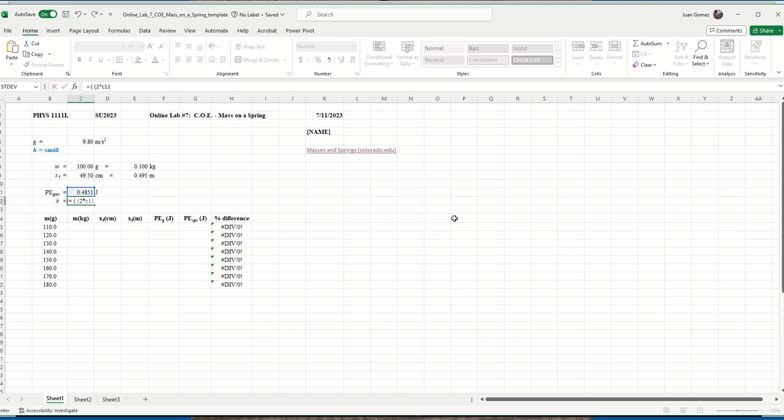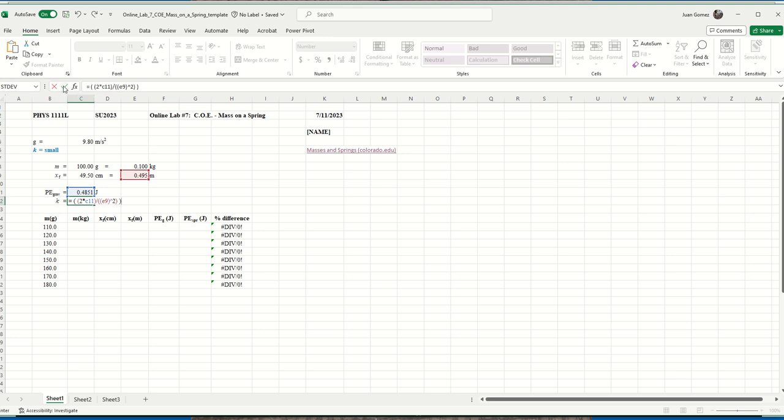Close parentheses. Divided by, that's 2 PE grav divided by x_f squared. Well, x_f is in cell E9. So divided by, I need 2 parentheses, then E9, close one parenthesis, caret 2, close the second parenthesis, last parenthesis. That's just 2 PE grav divided by x_f squared.